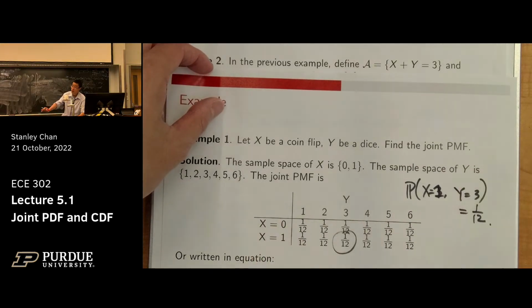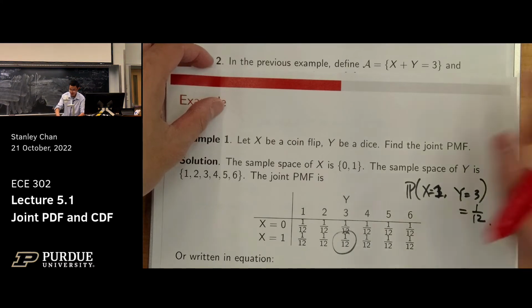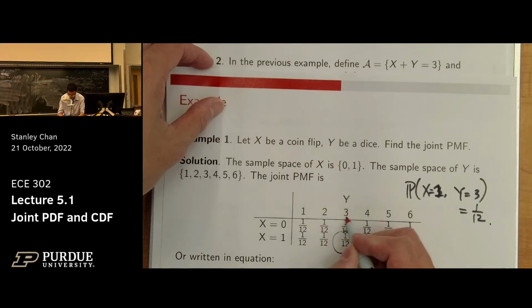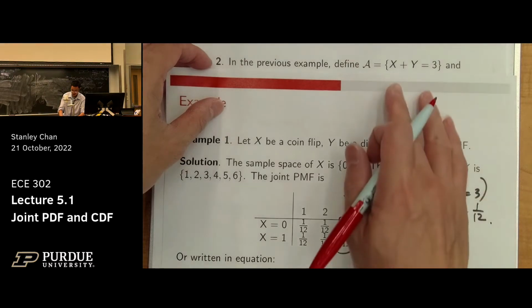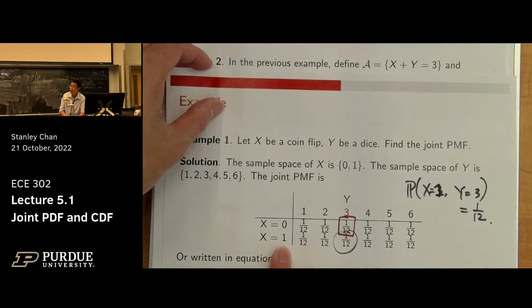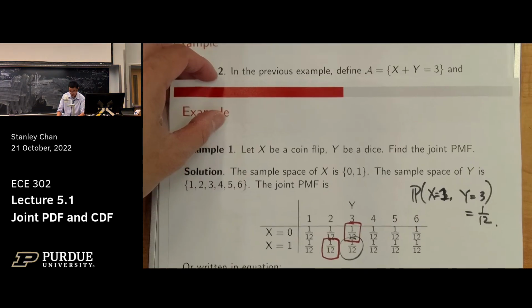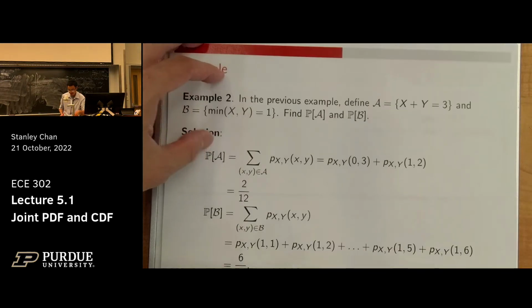Now, if X is 0, what Y will give me 3? It will be X equals 0, Y equals 3, so that would be this case. Okay? And then now my X can be 1, so my Y has to be 2, correct? So what is the probability of getting this event A? 1/6. Okay, exactly like this.